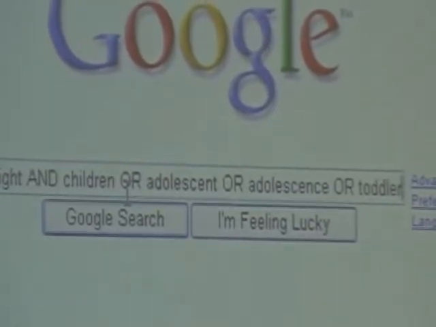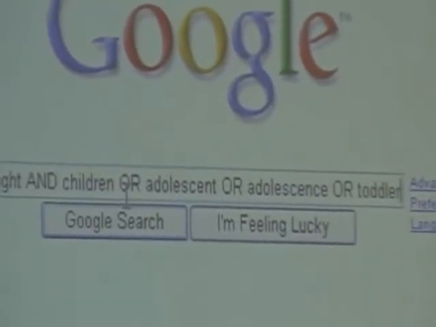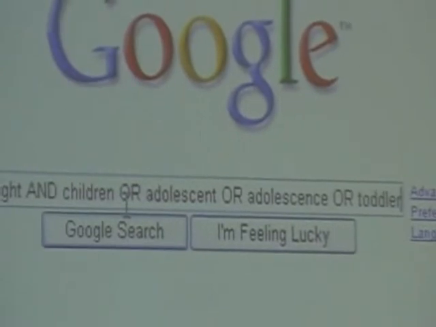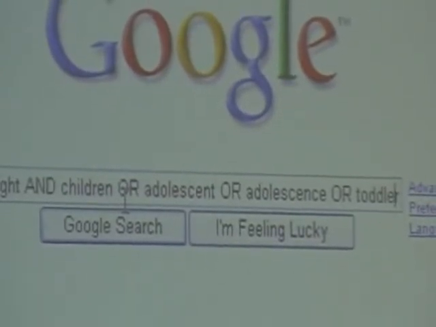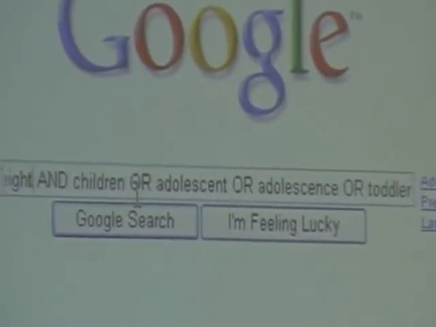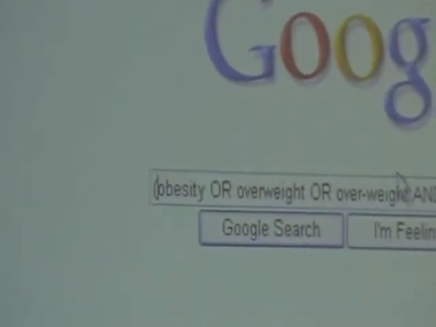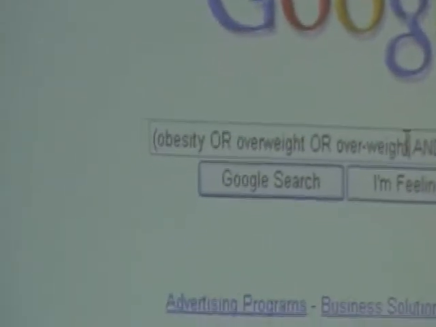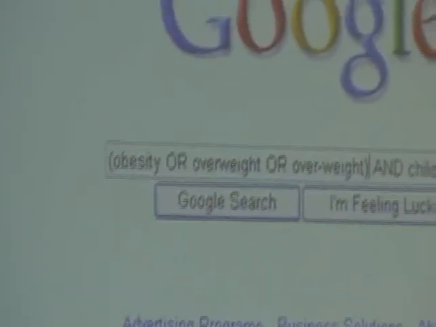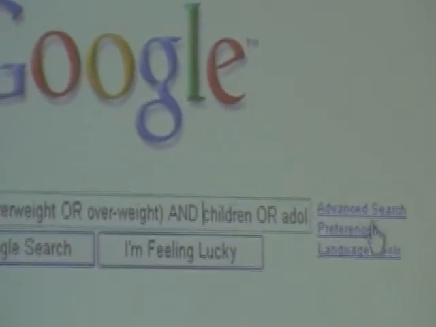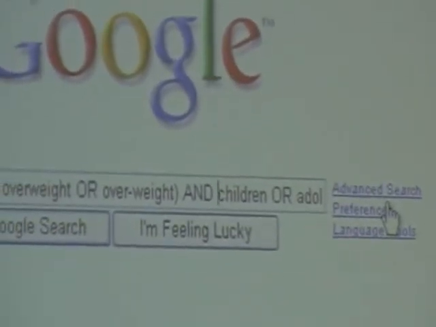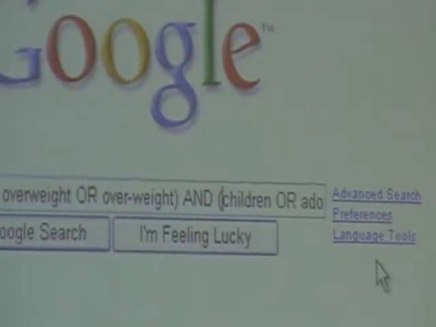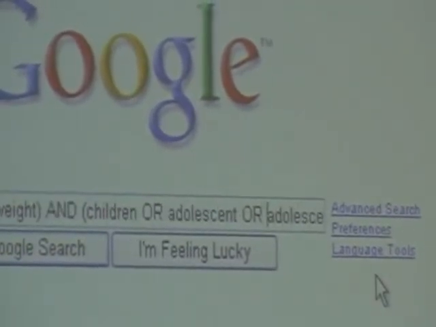So if we put parentheses into a text box, we're creating math. And what you do is you put parentheses around all your synonyms. You group your synonyms in parentheses. So I have obesity or overweight one word or overweight hyphenated. Close my parentheses, put the word and, add a parentheses for all of my child words.